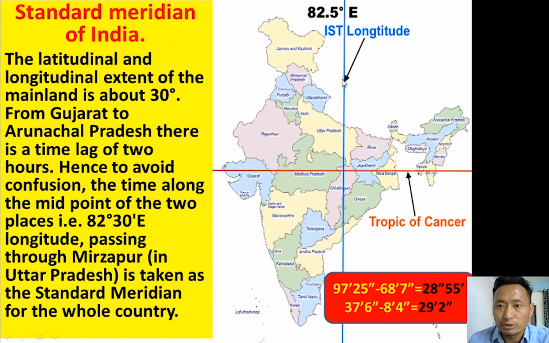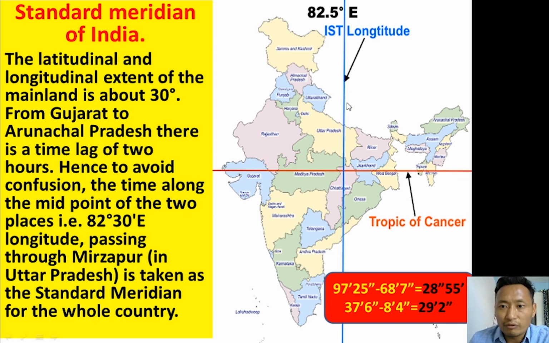How? Based on Greenwich Meridian time, we add, since India is east of the Greenwich Meridian, 5 hours 30 minutes. So the government of India has added 5 hours 30 minutes to Greenwich Meridian time.